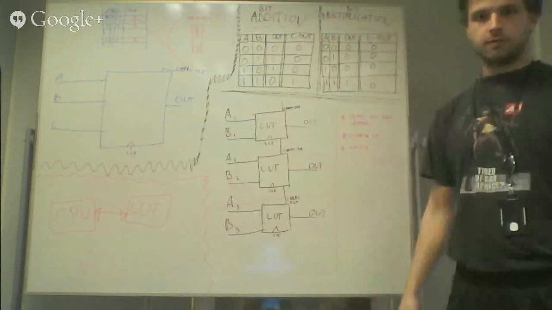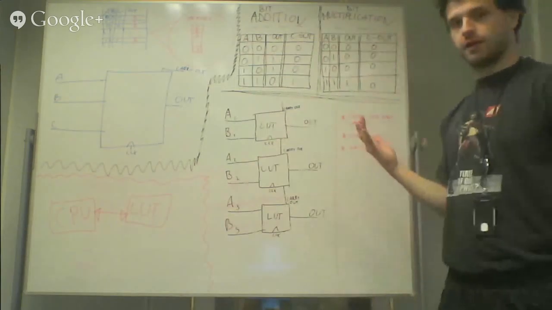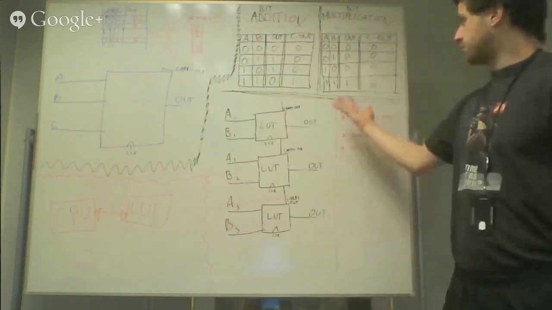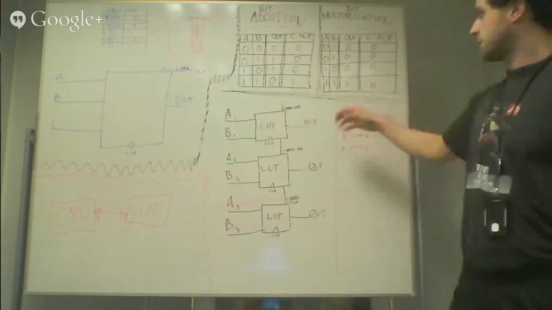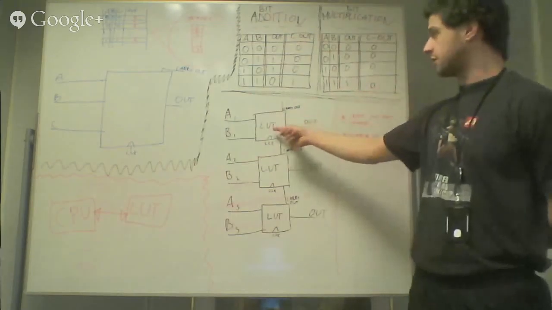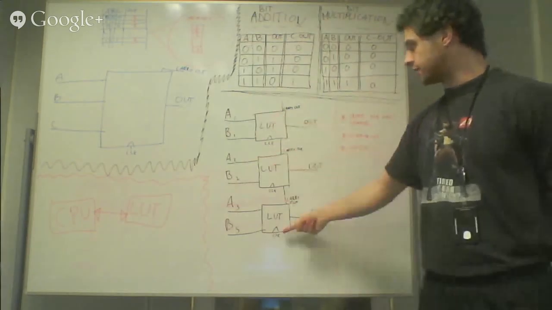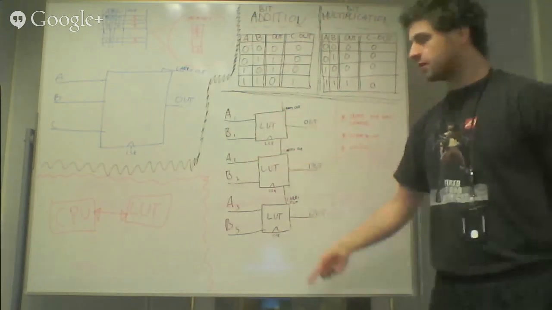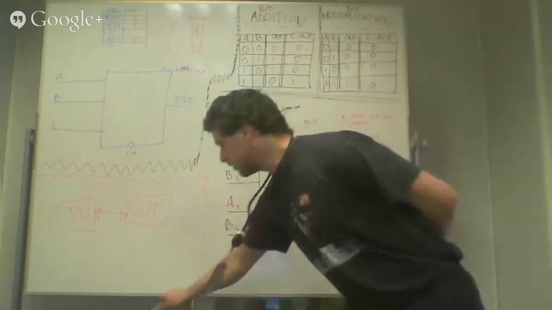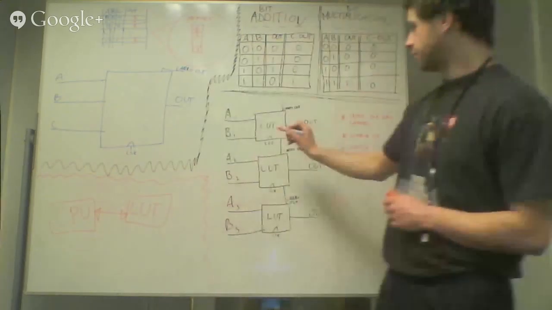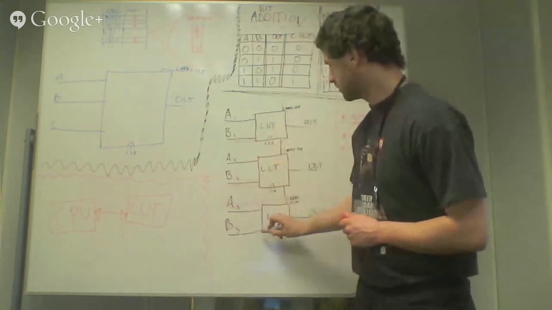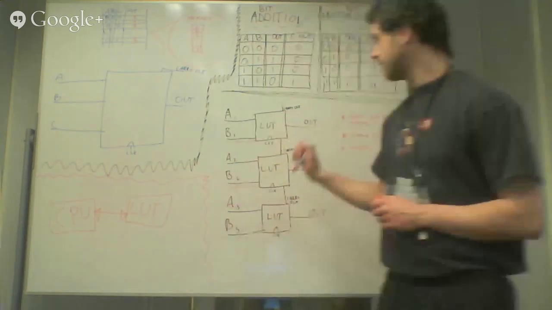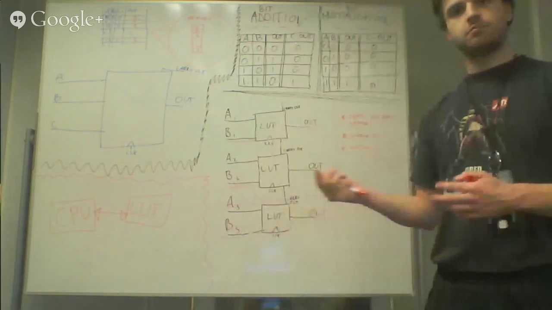So, this is pretty simple. I mean, you could easily have dual lookup tables for these gates, and then you could have maybe a third input which selects whether you will be using multiplication or addition this time around.